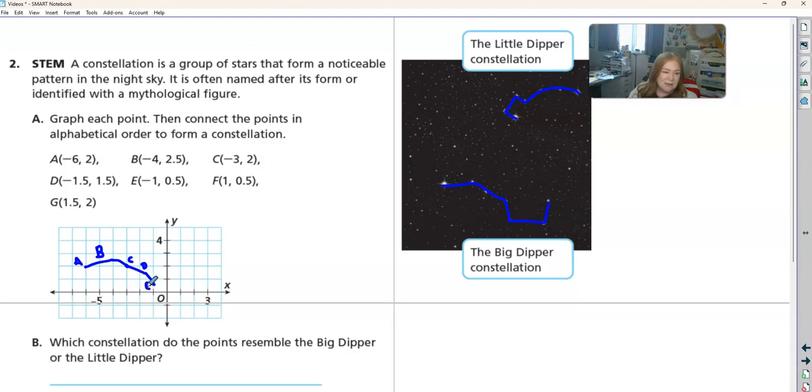There's E. And then F is +1 and +0.5, so straight across, there's F. And now G, we're going 1.5 and up 2. There's G. We can see that it looks like the Big Dipper when we connect those points in order.